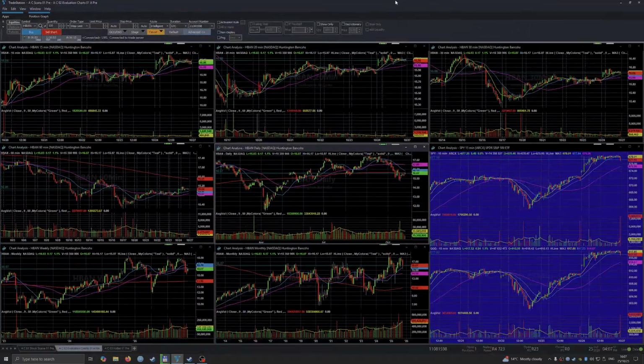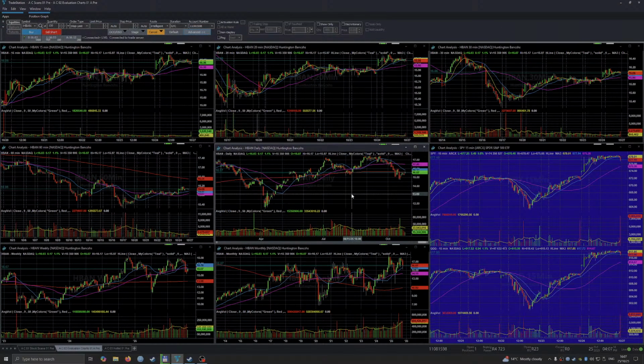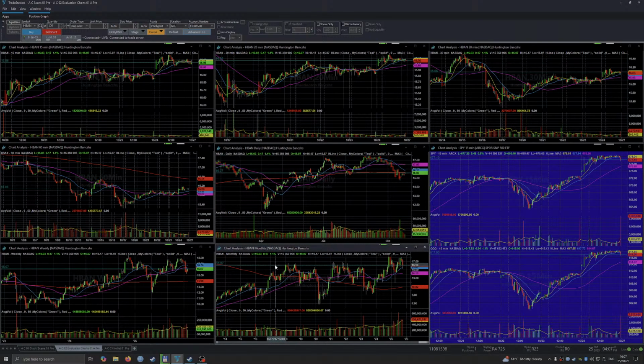And it helps sometimes to have a look at a larger time scale, longer time scale. So if you look at the monthly down here, this area, $16, $17 range, was sitting for the longest time, couldn't really get above it.